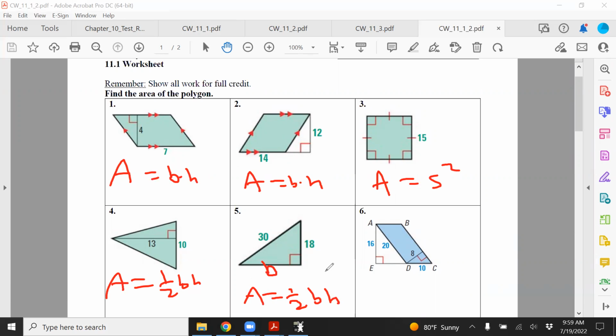So you've got to figure that out. And we just saw this already. That's totally useless. And that's totally useless. That's also 20. Area is base times height. Okay, so we're going to work those out, and then of course work out the ones that follow. I'll come around and see how you guys are doing.